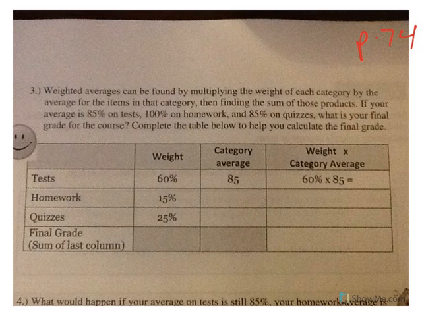Now, this first question, number 3, can be a little bit tricky to think about. So we have our weights. When you're talking about weighted averages, the weights are the only thing that should be written as percents. So the category averages: if you read this problem, your average is 85% on tests, 100% on homework, and 85% on quizzes. Those are the scores that you earned.